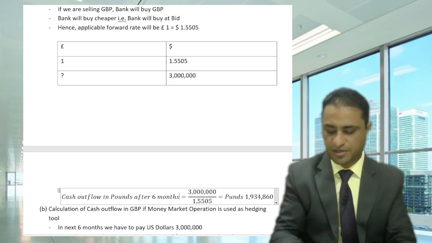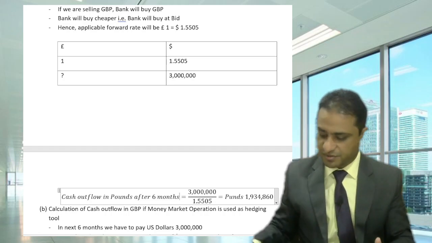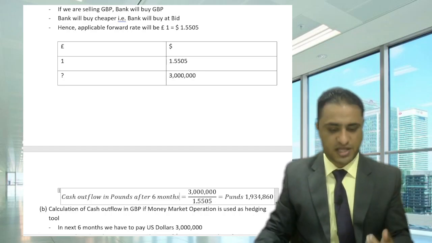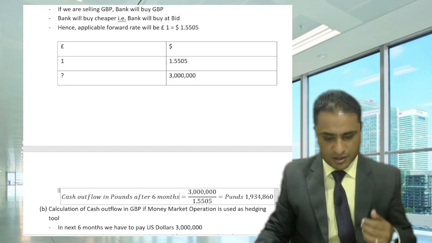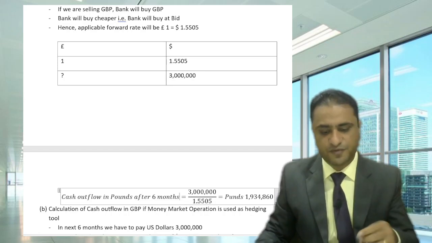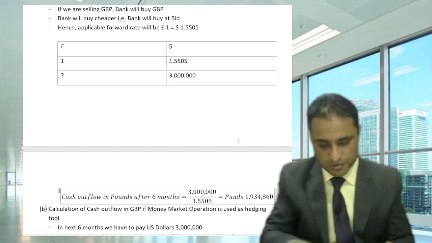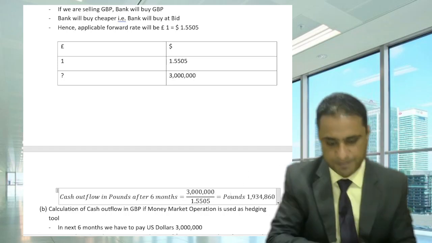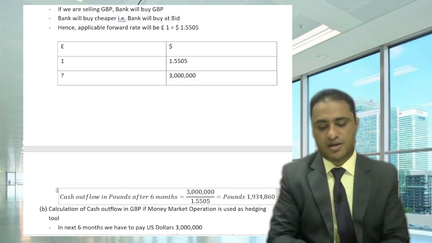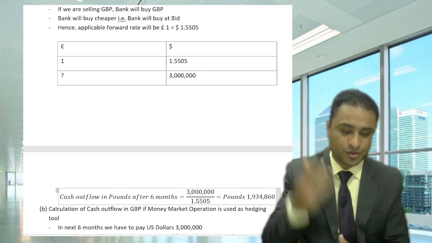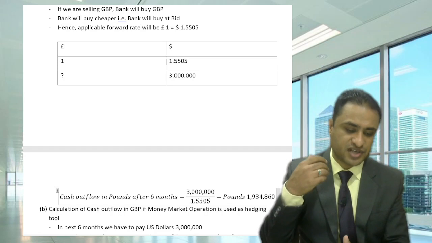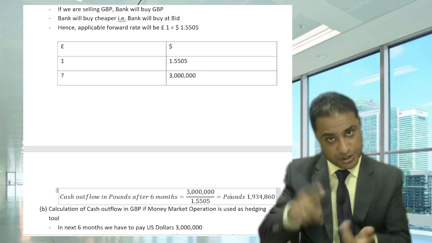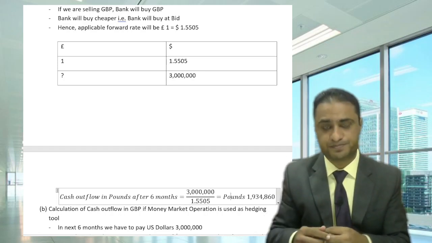You cannot compare these things because if you understand the concept of time value of money, pound 1934, pound spelling is missed here. 1,934,860 pounds, which is your cash outflow in terms of pound, is going to happen after 6 months from today.